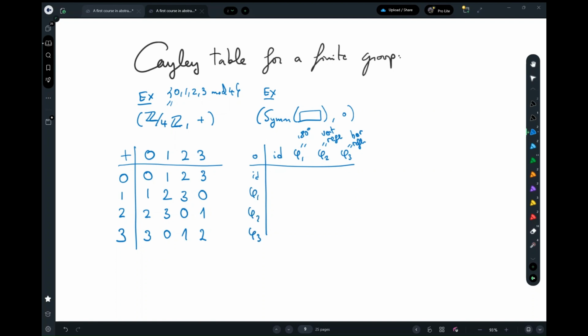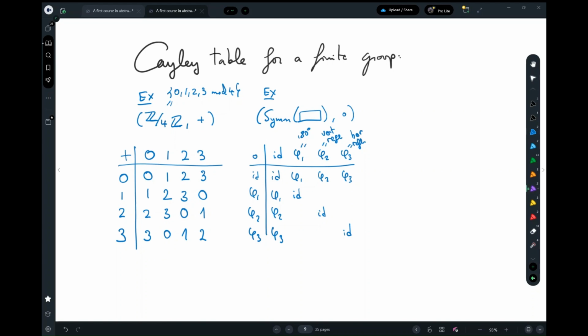If I compose with identity, I get the same symmetry back. And now I start composing. Phi 1 and phi 1: if I do a 180-degree rotation and then a 180-degree rotation, what I get is the identity. Notice that if I do the vertical reflection and the vertical reflection, I'm going to get the identity. And a horizontal reflection followed by a horizontal reflection also gives me the identity.